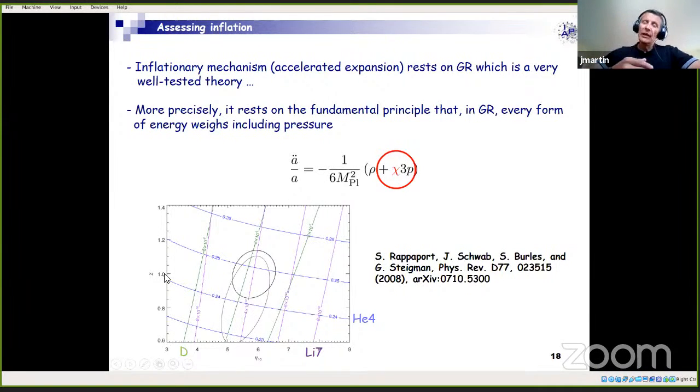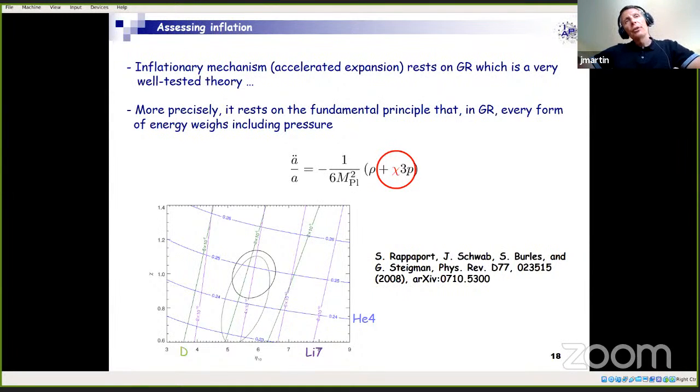So in some sense, the punchline here is that BBN tells you that indeed pressure gravitates, and therefore, based on this conclusion, we can say that the accelerated expansion during the early universe, inflation, is, I think, a well-tested scenario for the early universe.